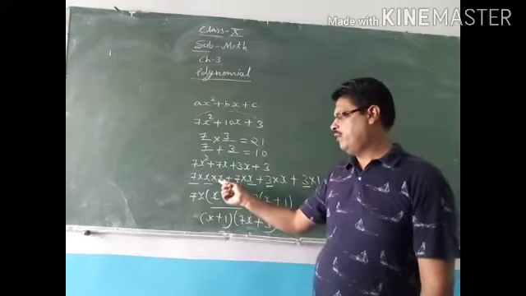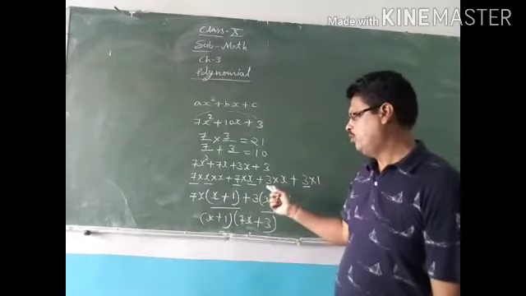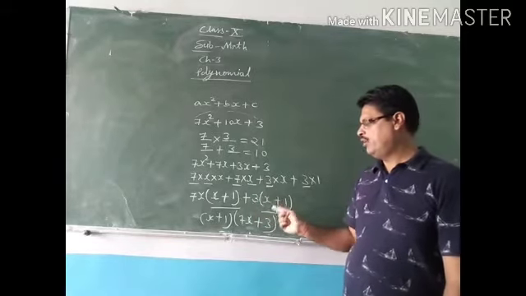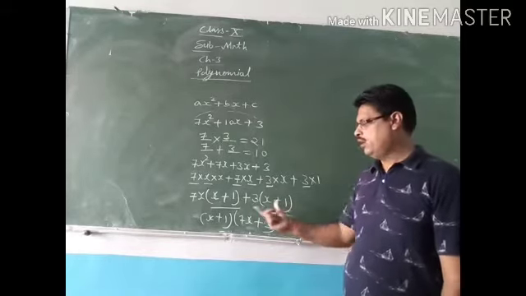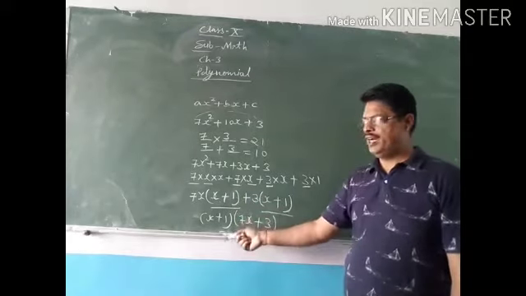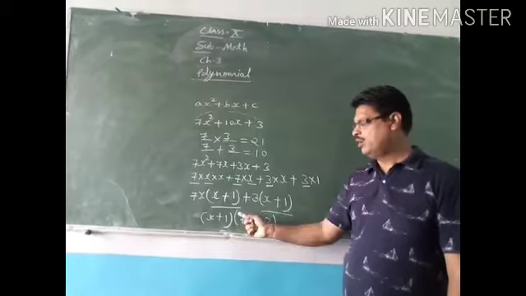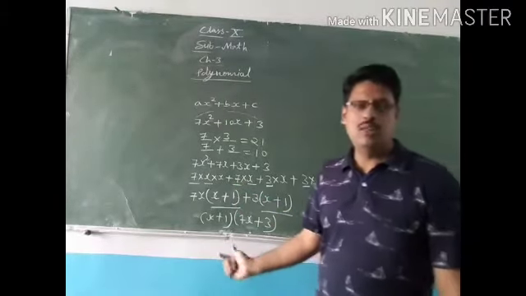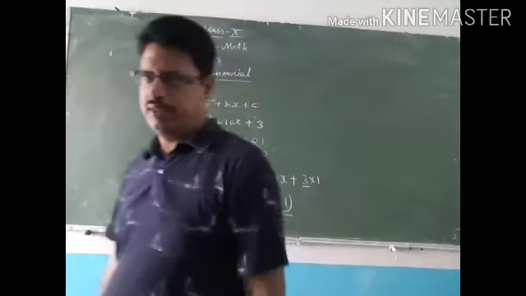So inside remaining x plus 1, plus from the third and fourth terms we have taken common 3. So inside remaining x plus 1, and now from these two terms x plus 1 is common. So we have taken x plus 1 as common. So what is remaining inside? 7x plus 3. So these are the two factors.